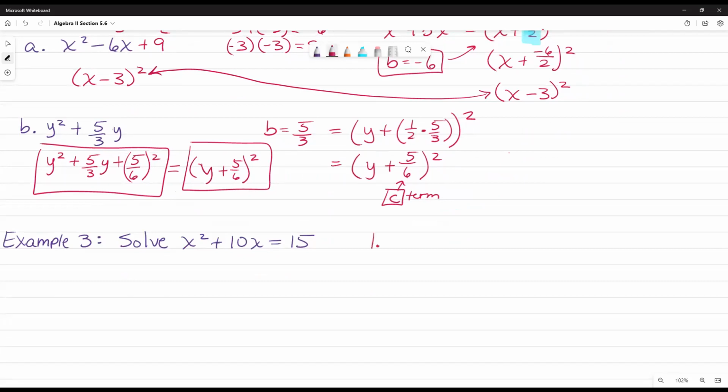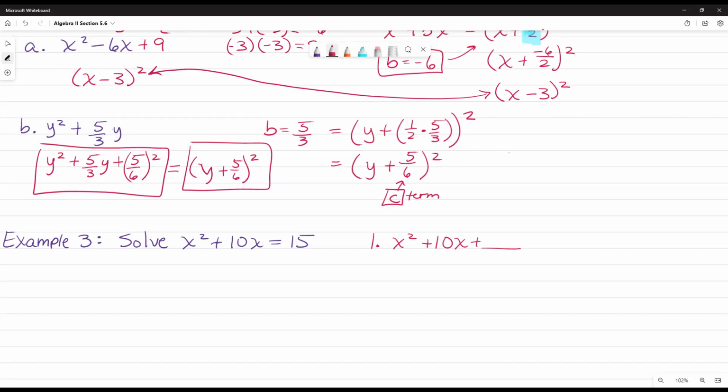So first, we take x squared plus 10x, and we need to figure out what that c term is. You should be able to look at it. Like what times what, or what plus what equals plus 10? That's the same number. We're looking for a perfect square. 5 plus 5 is 10. And so that means that our C term here is going to be what?